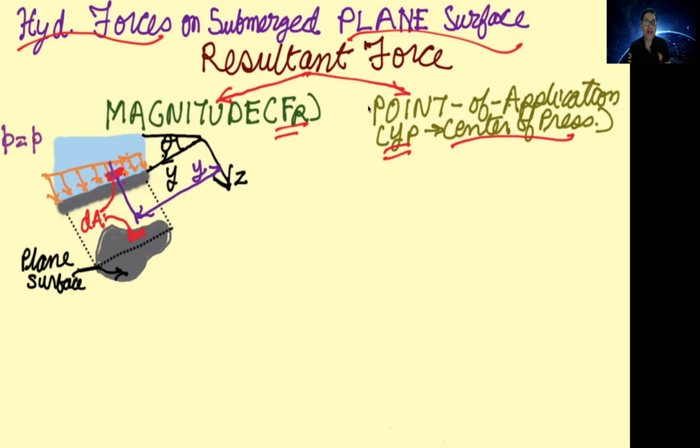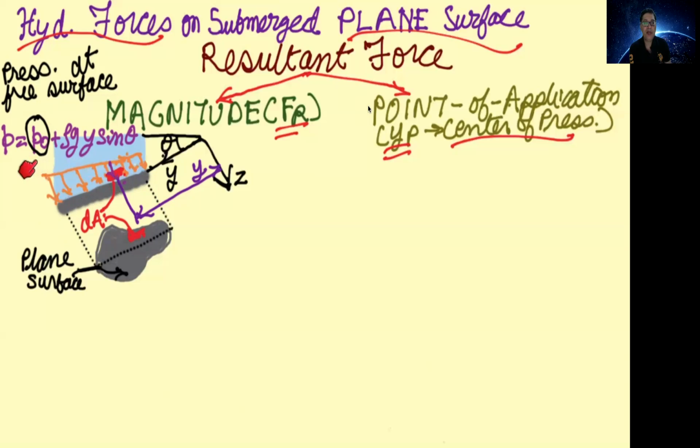This elemental area is located at any arbitrary location y. Note that we are using this YZ coordinate system where the y coordinate is along the length of the plate. And for this elemental area, the pressure is equal to P naught, where P naught is the pressure at the free surface.